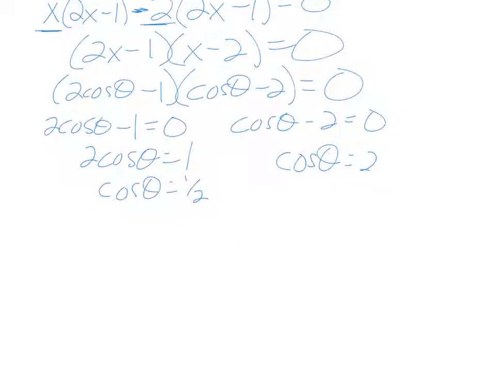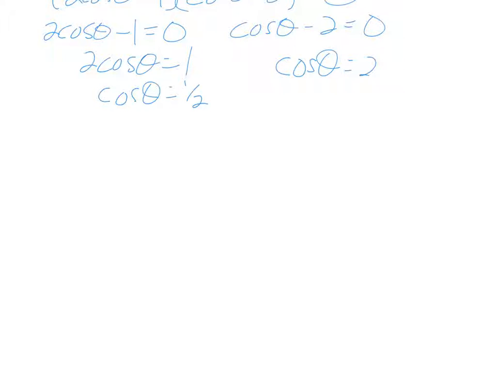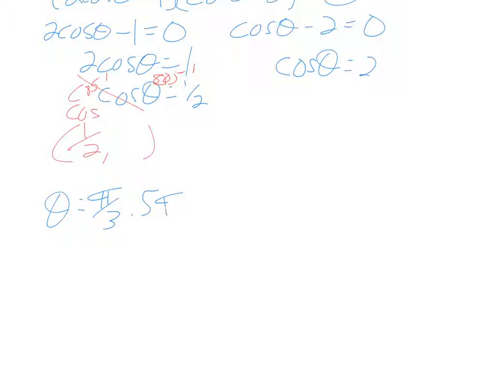Then I'm going to do inverse cosine on both sides. And so I'm trying to find on the circle where the cosine is positive 1/2. And that happens at pi over 3 and at 5 pi over 3.